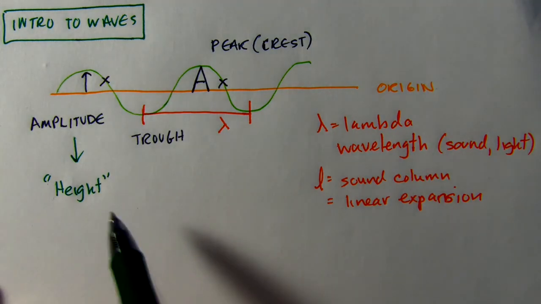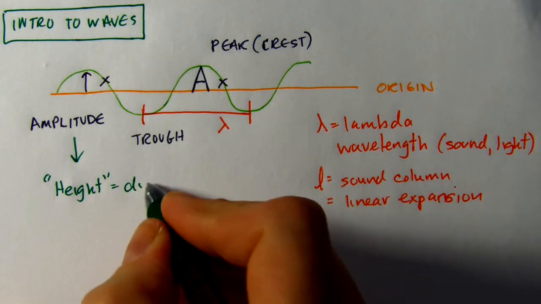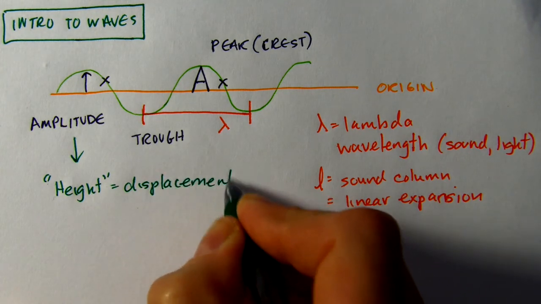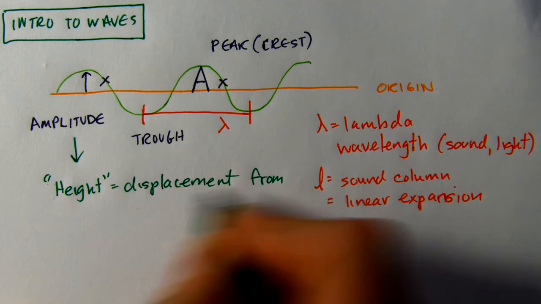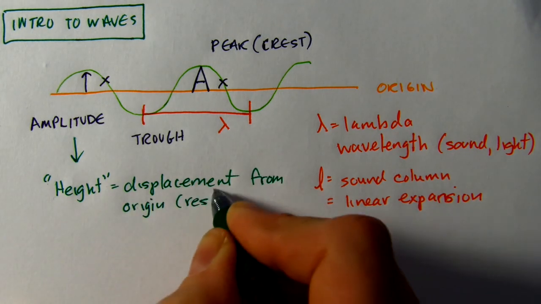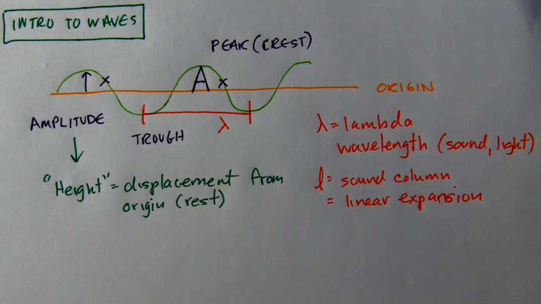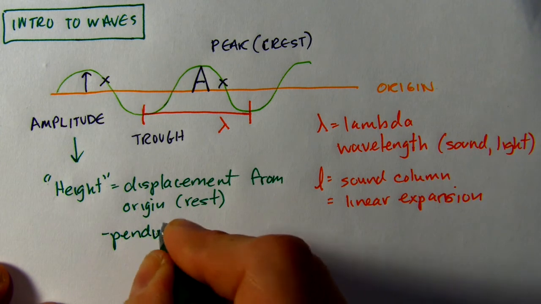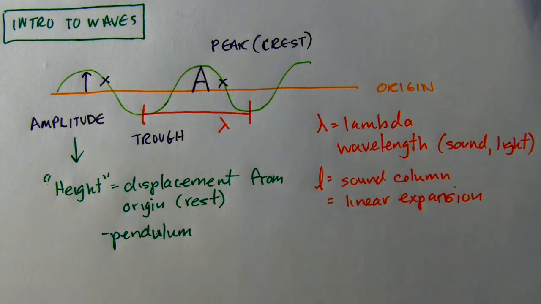But here it's really the displacement from what we would call the origin or the resting position of the wave. And that does have similarities with the pendulum, because with the pendulum, we talk about its displacement from origin.